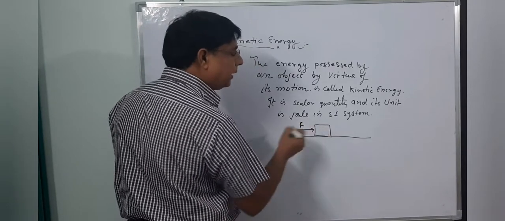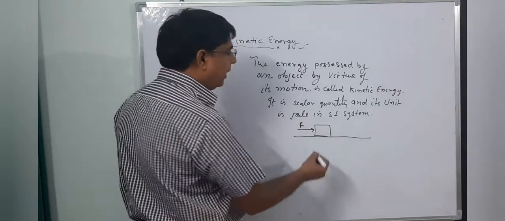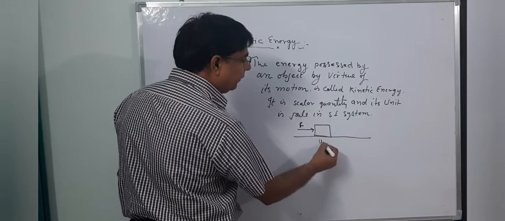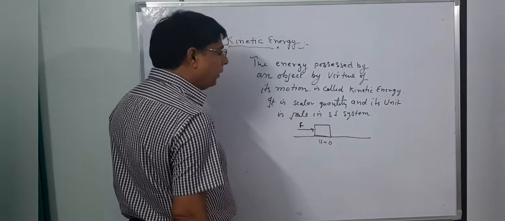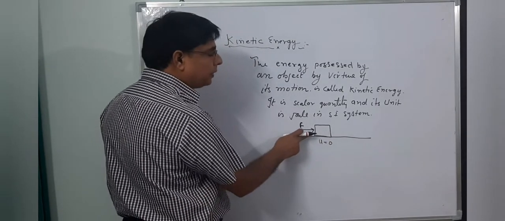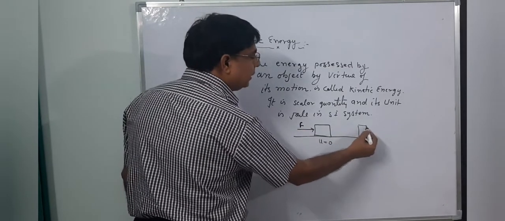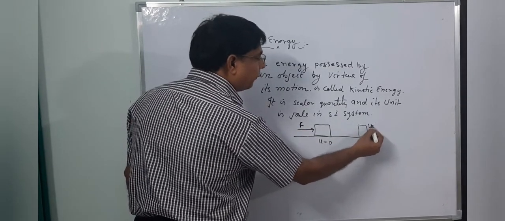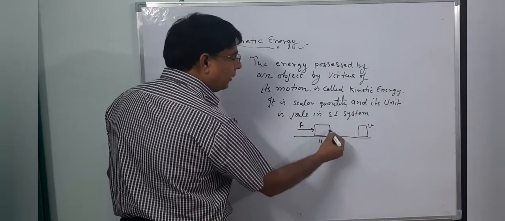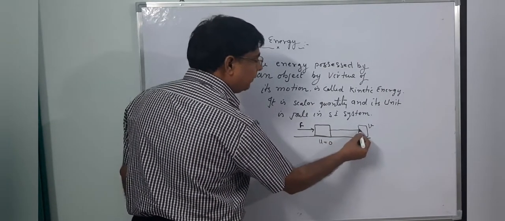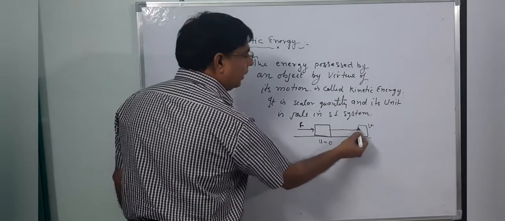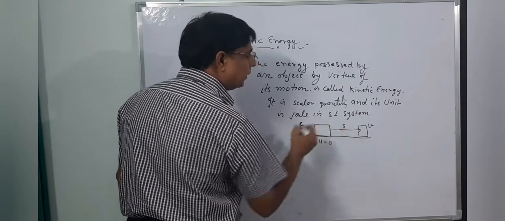As the object is considered at rest, its initial velocity is 0, but when we apply the force, it will have acceleration and its velocity will change to v. The displacement of this object from initial position to final position is s.